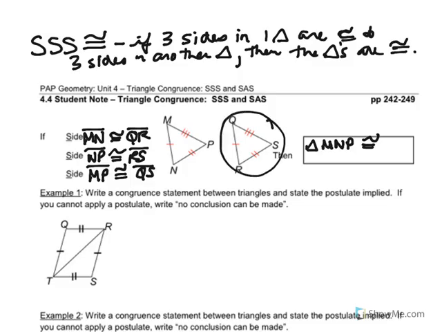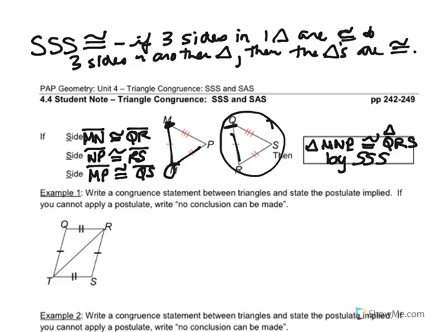So if we start with M on this one, we have to start with Q on the next one. And then when we go to N, we move to R on this one. And then if we go to P here, then that's going to be S. So triangle MNP is congruent with triangle QRS by what postulate? Side, side, side. Okay, so there we go.